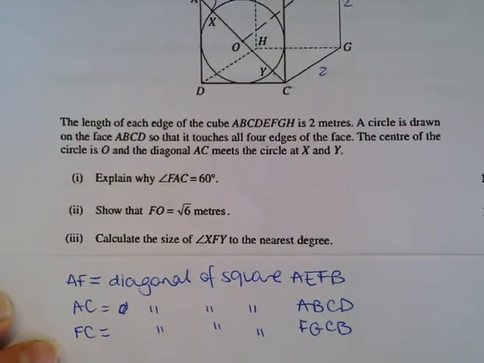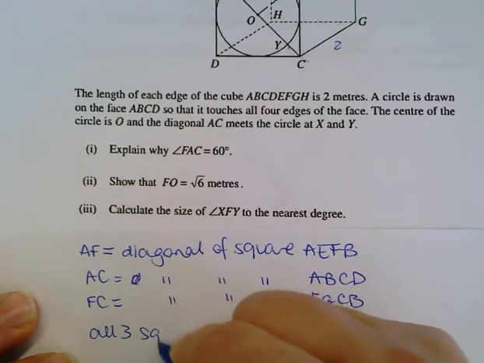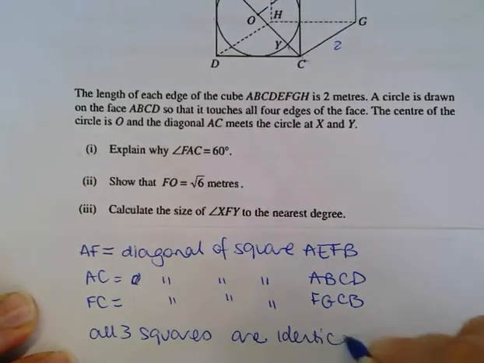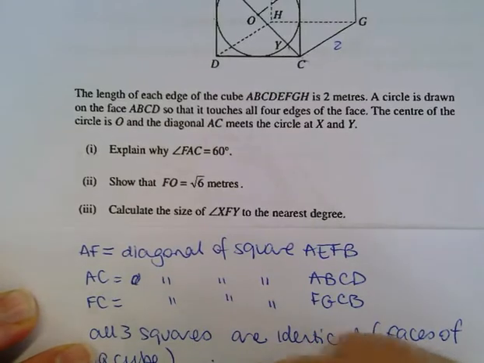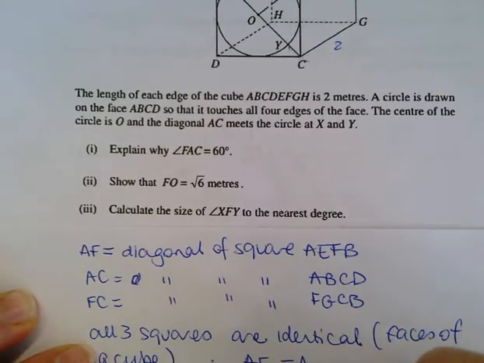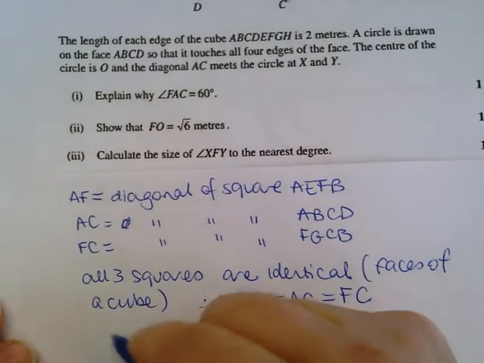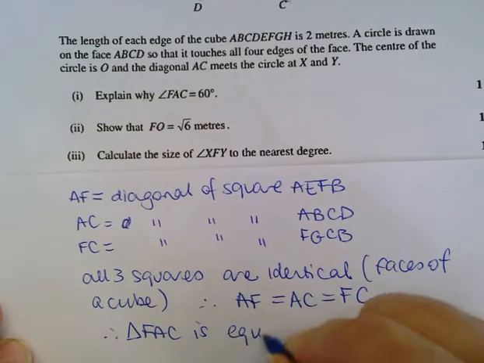Now all those diagonals are equal, right? All 3 squares are identical because they are faces of a cube. So therefore AF equals AC equals FC. Are we okay with that? And so therefore triangle FAC is an equilateral triangle.